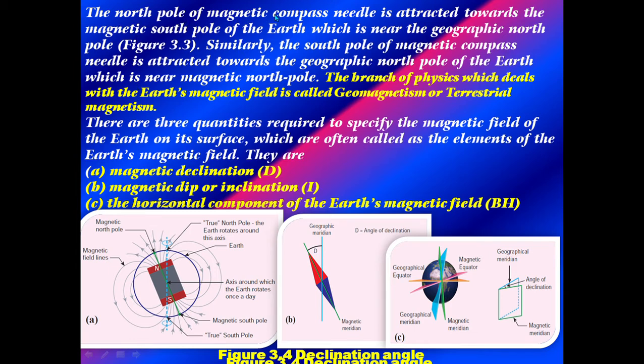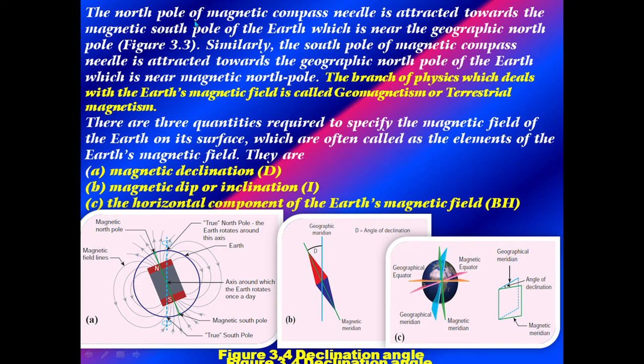The next important point, note it down. The north pole of the magnetic compass needle is attracted towards the magnetic south pole of the earth. So once again, when the magnet is suspended on the earth's surface, the north pole of the magnetic compass needle is attracted towards the magnetic south pole of the earth. Why?